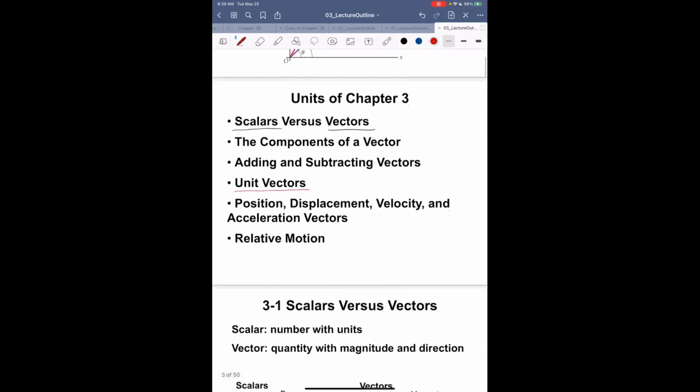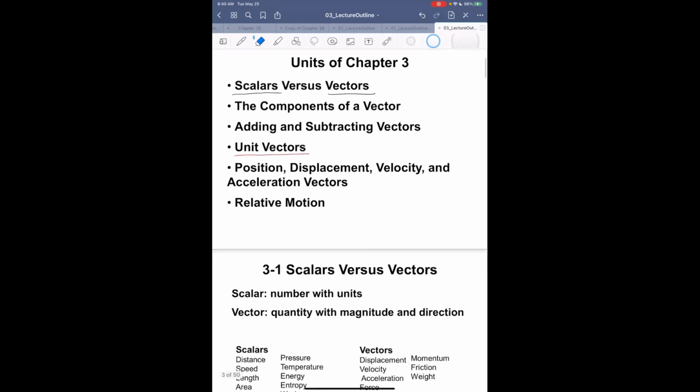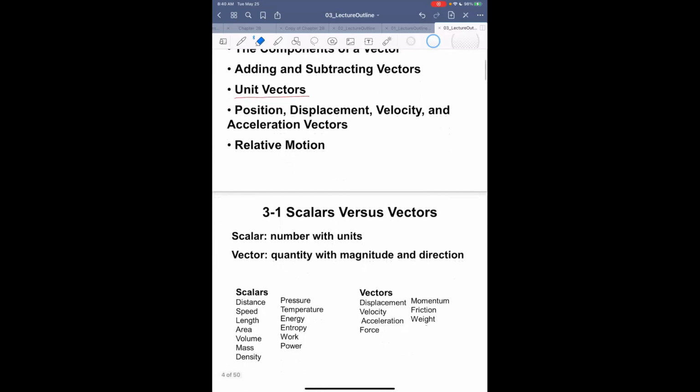We have examples that we did learn from vectors: position, displacement, velocity, and acceleration. And finally, we are going to talk about relative motion, because it has to do with adding vectors.